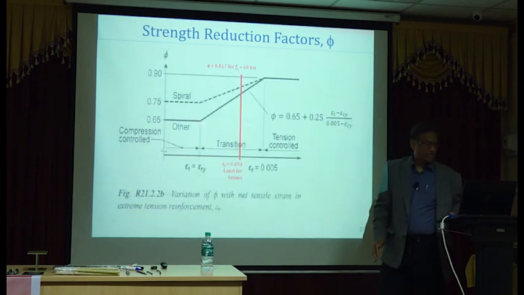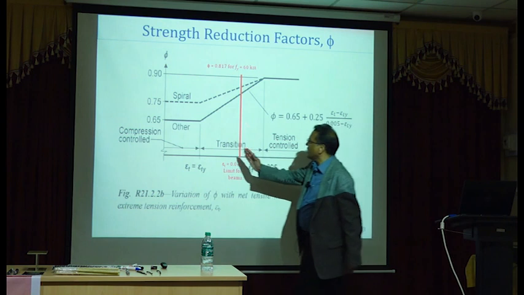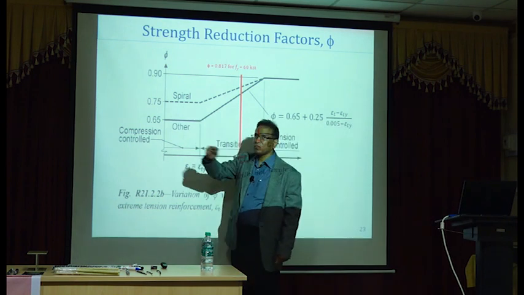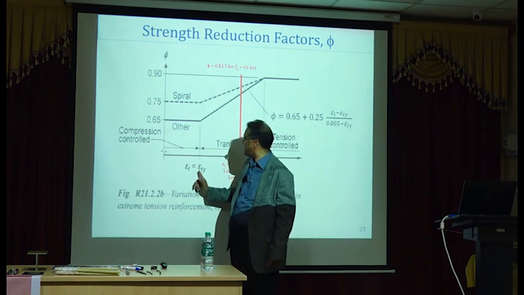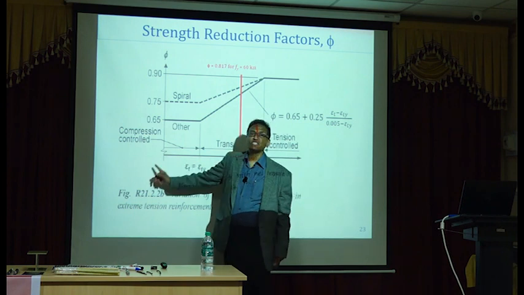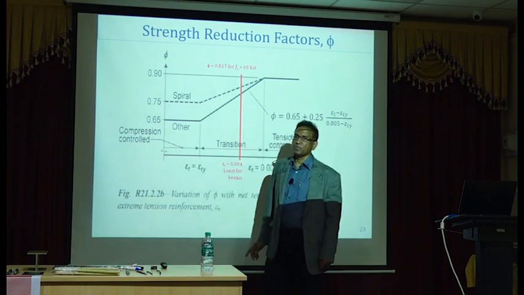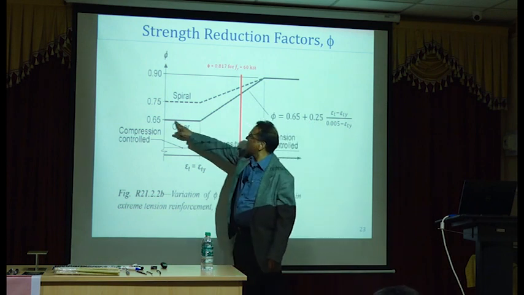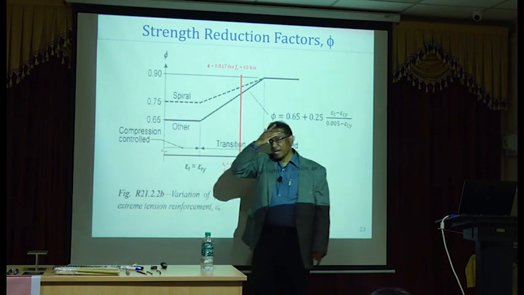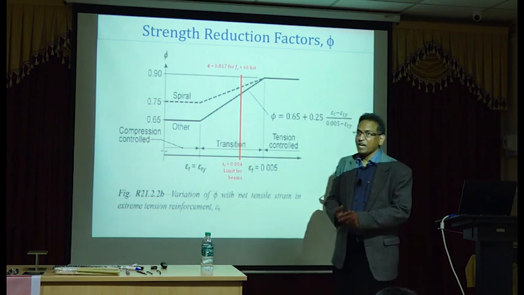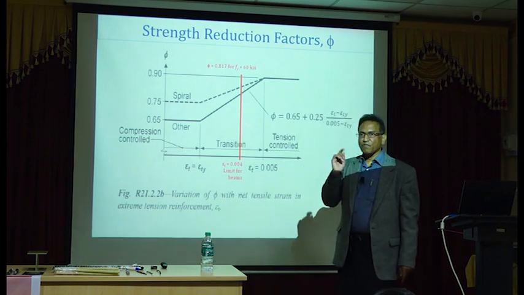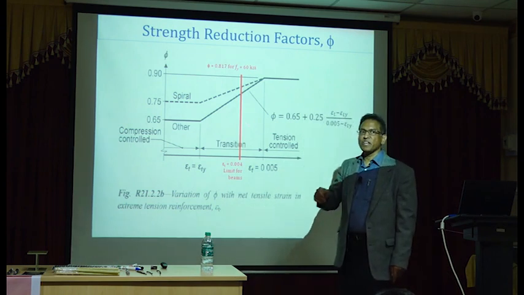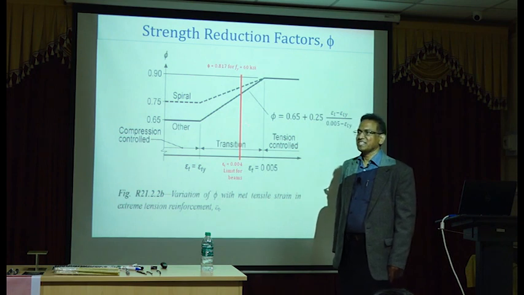So I'll repeat myself one time. Anything up to here, if my strain in the bottommost layer of steel is less than or equal to epsilon ty, that's known as compression control failure. That's a brittle failure. And remember this phi factor, it's 0.65. And also remember, many times I said for FRP reinforced beams, we prefer over-reinforced condition.